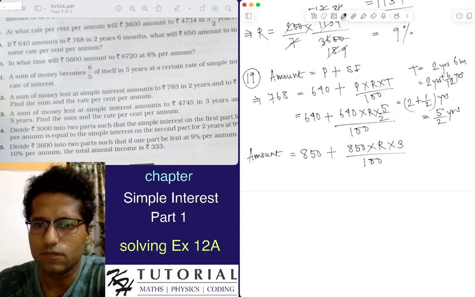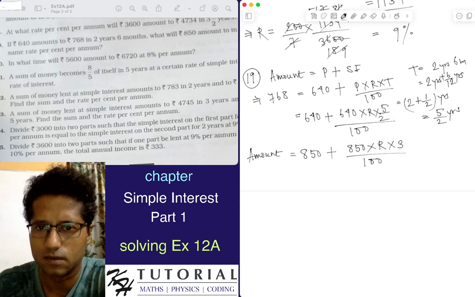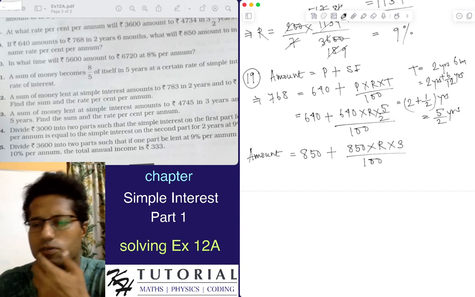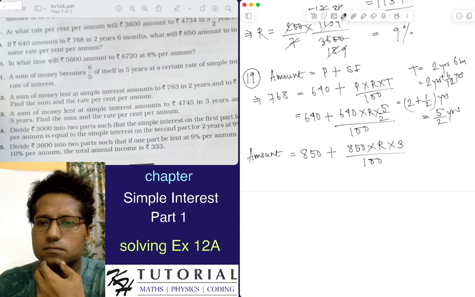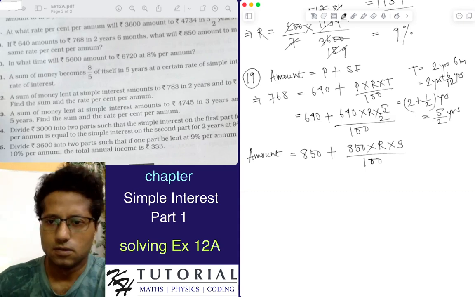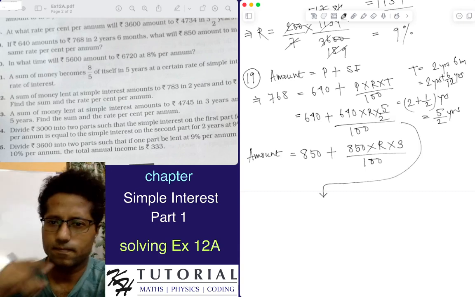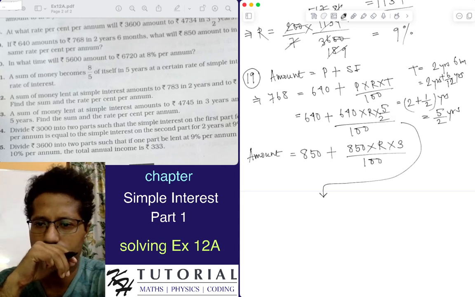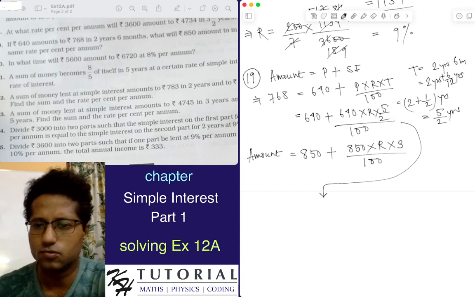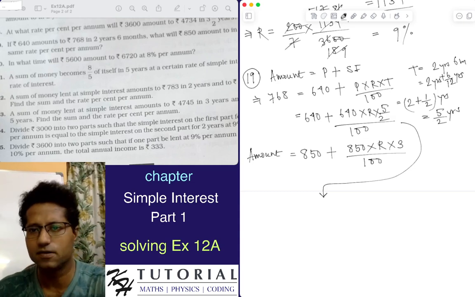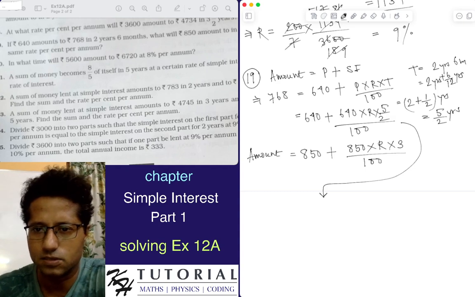Now to find this we have to know R. We can obviously calculate R from the previous equation, that is 768 equals 640 plus that term. So we have to find R from here. But you need not exactly find the value of R from this equation.